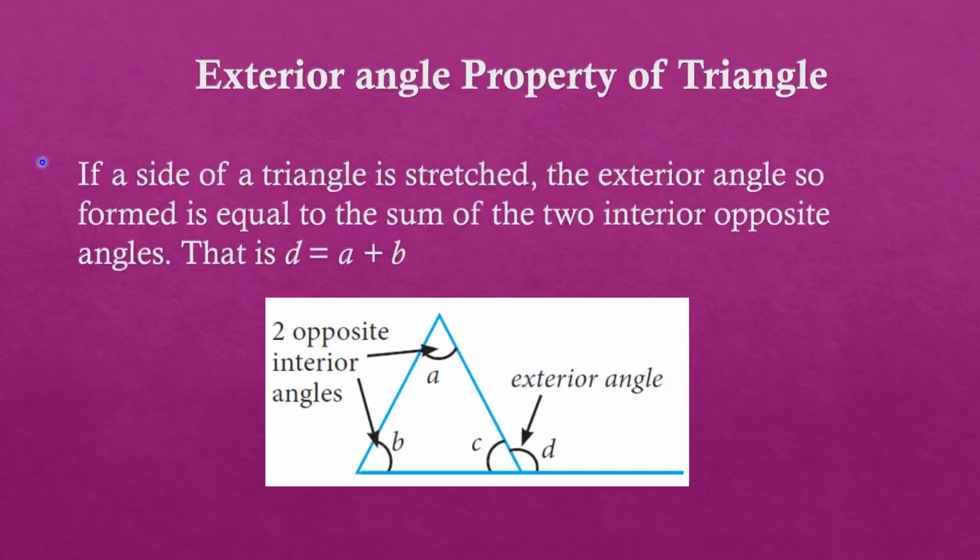See this, if a side of a triangle is stretched, the exterior angle so formed is equal to the sum of the two interior opposite angles. That is, this angle is equal to angle A plus angle B. Are you all able to understand this? This is one of the new properties studied in the 9th standard.